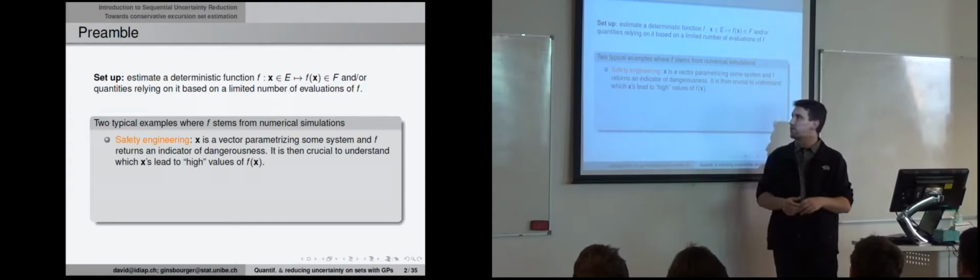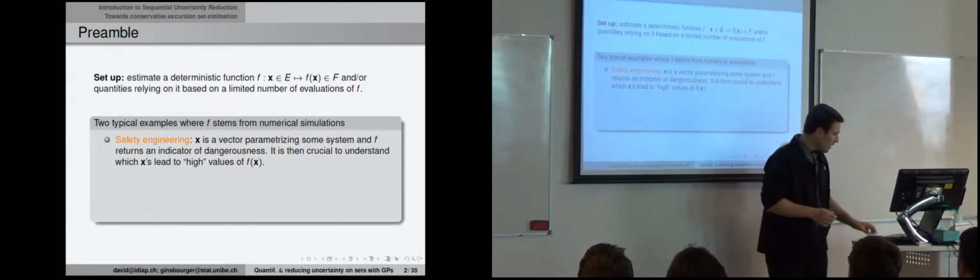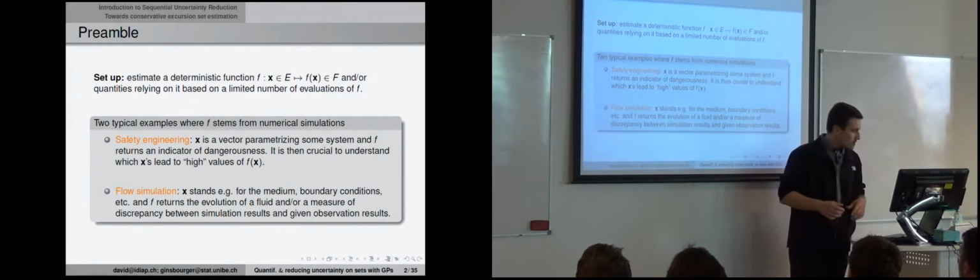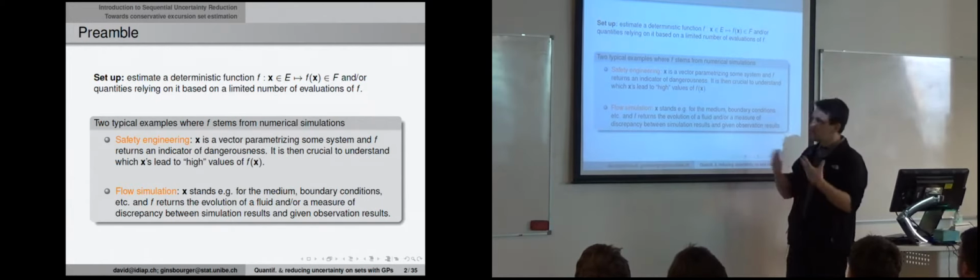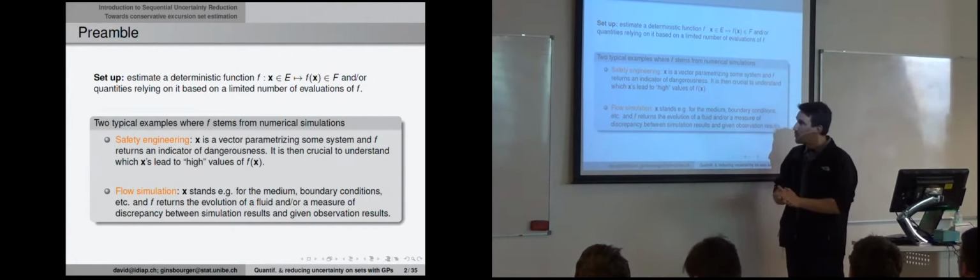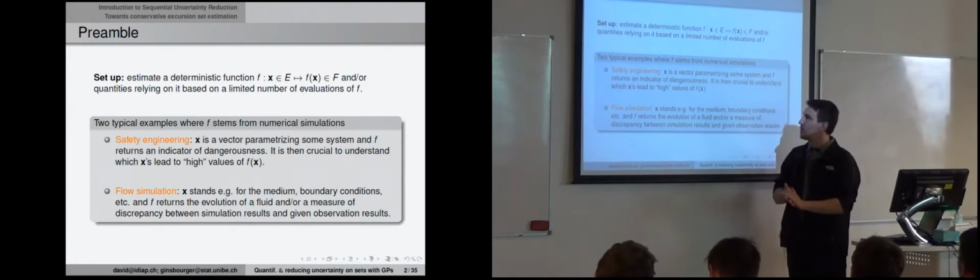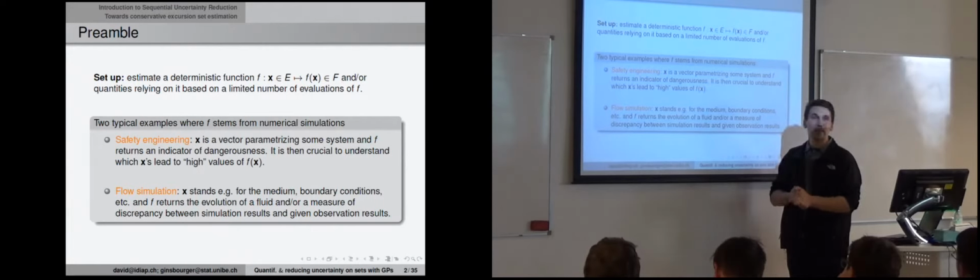Okay. So another class of examples is to take something higher dimensional, when you look at flow simulation. So you want to study some aquifer, for instance, and to understand how contamination is taking place in the subsurface.